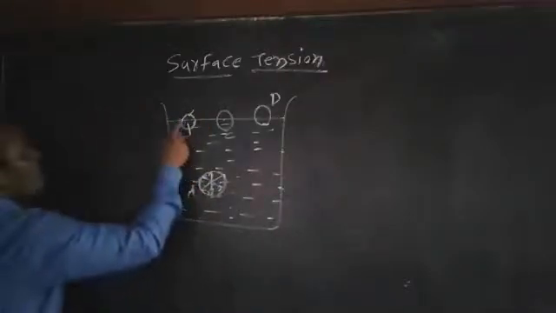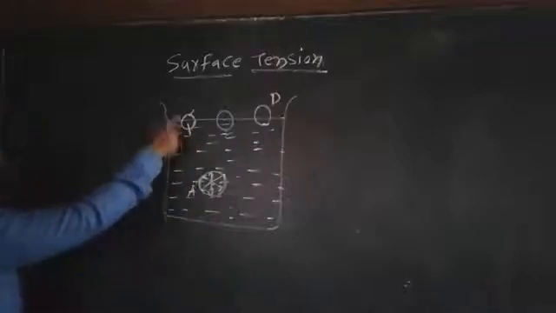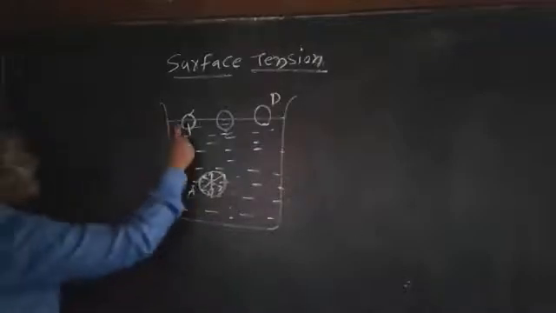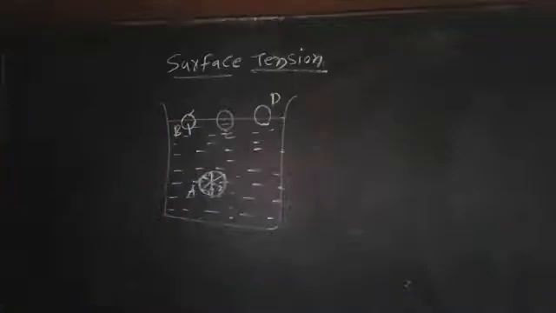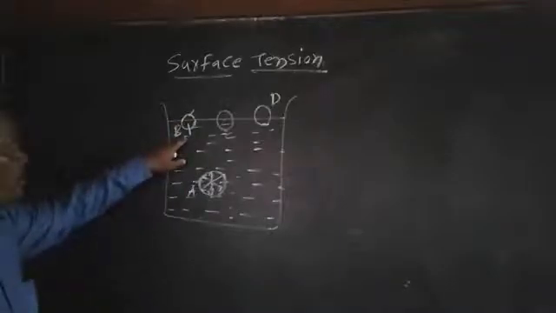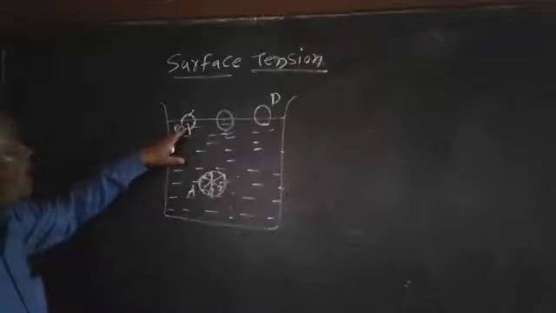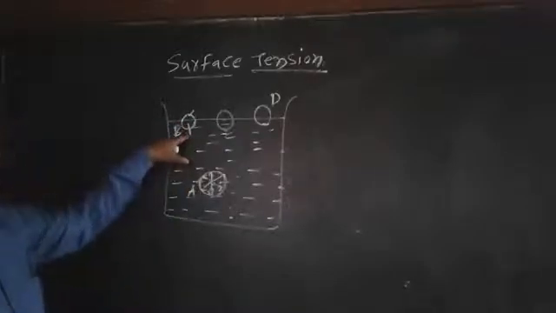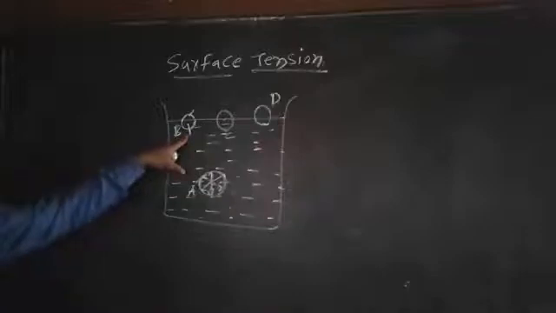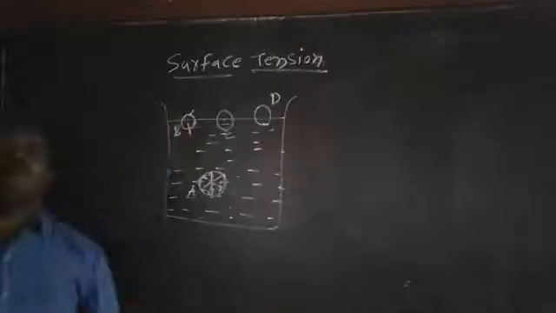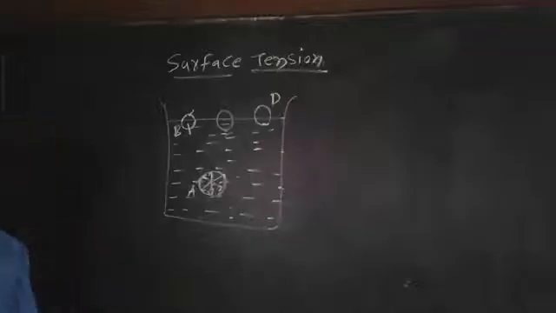So the lower half of the sphere of influence contains a large number of liquid molecules, and molecule B will be attracted by the cohesive force between the liquid molecules, because we know that the force of attraction between molecules of the same type is called cohesive force.